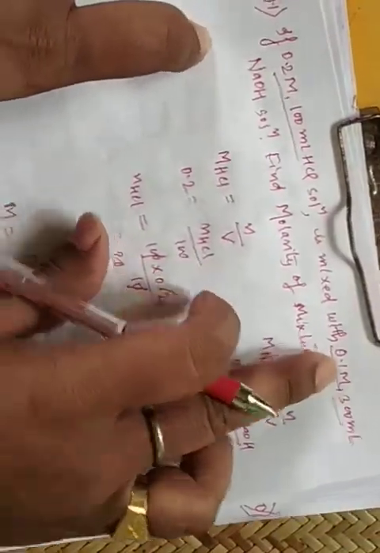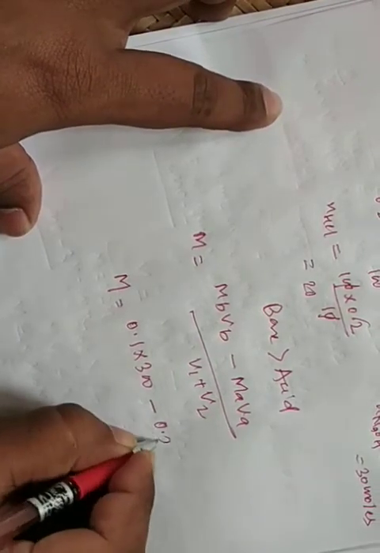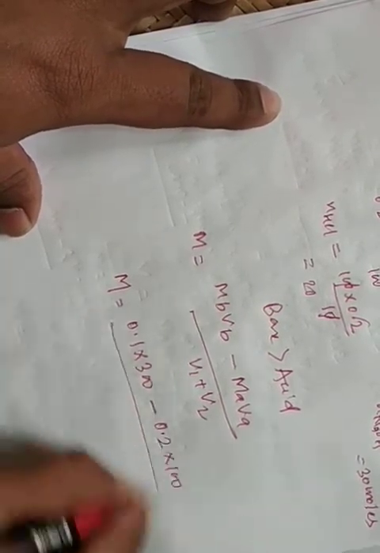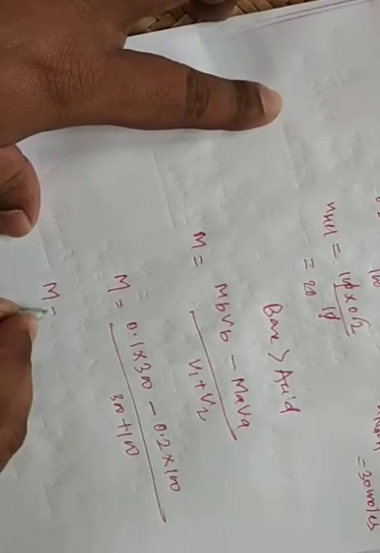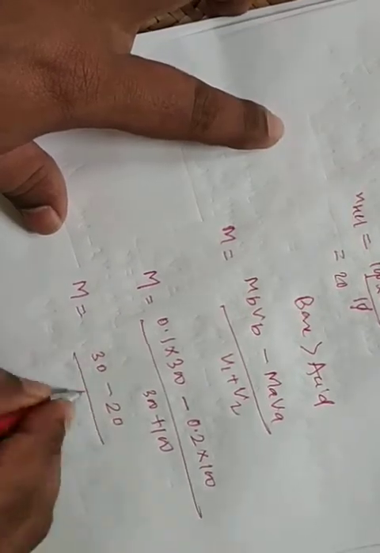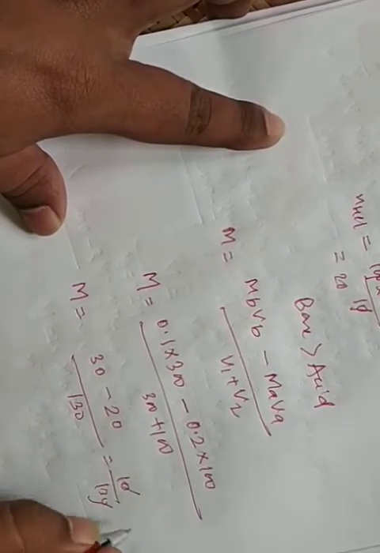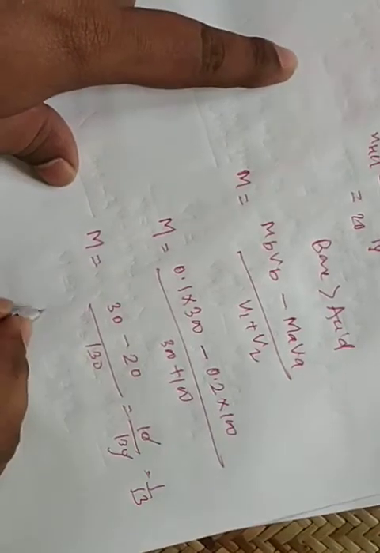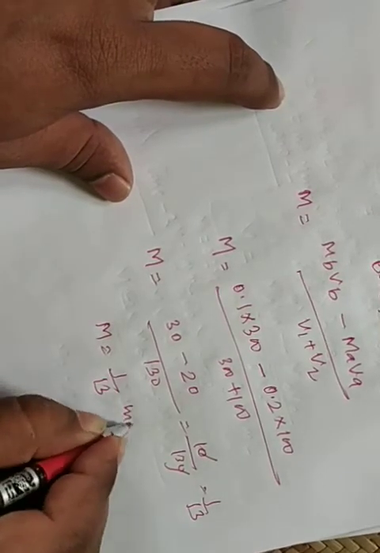Mb is 0.1 and volume is 300, minus Ma is 0.2 and volume is 100, divided by 300 plus 100. So this is 30, this is 20, and this is 130. So this is 10 by 130. The zeros cancel, so 1 by 13. So molarity is 1 by 13. You can find it in decimal form, mole per liter.